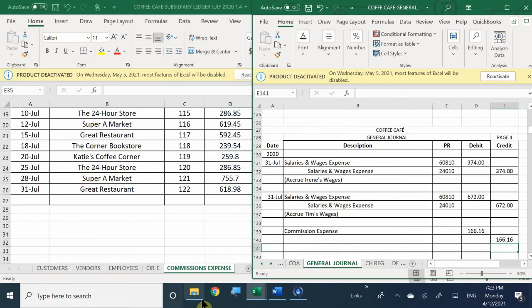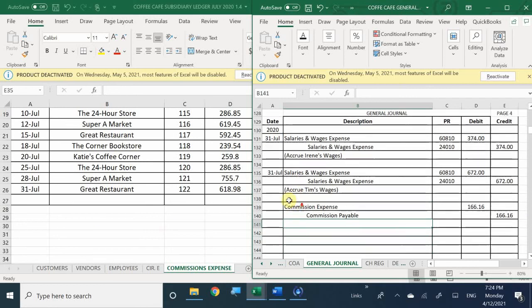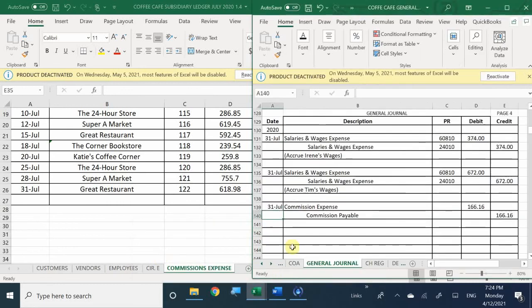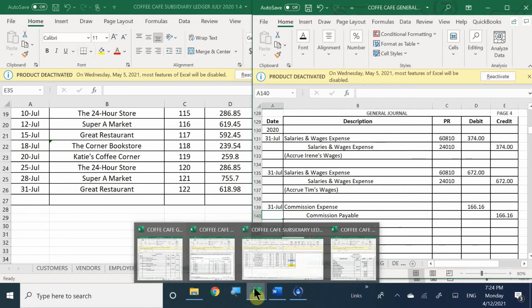Therefore, we're also going to owe him, because he earned the commissions. We're going to owe him the $166.16. So I'm going to go to my ledger now.